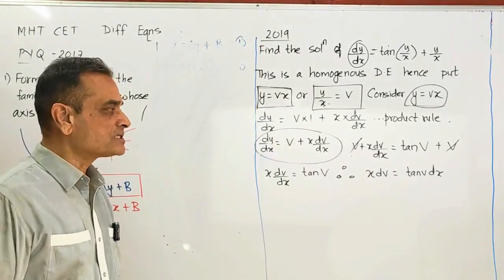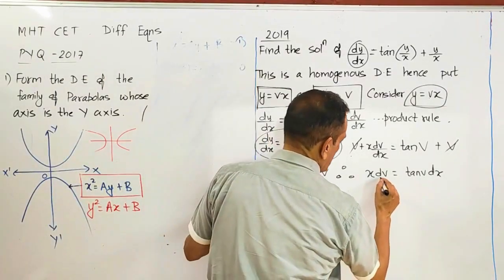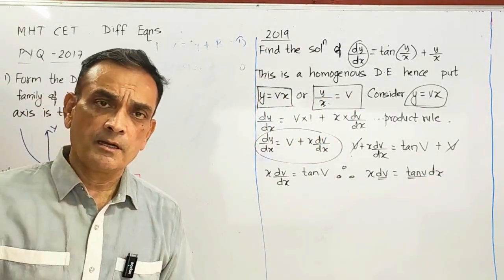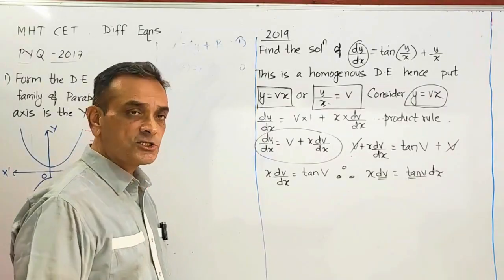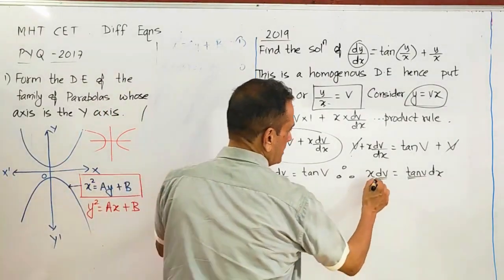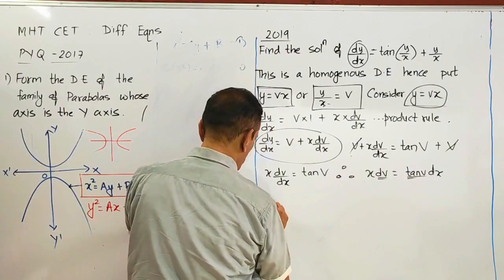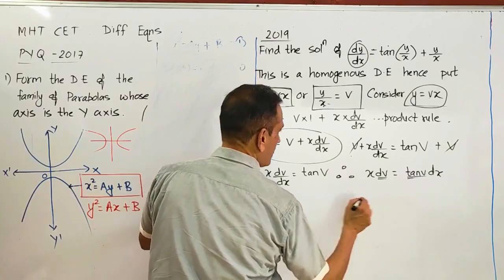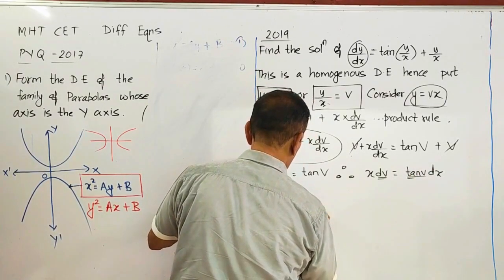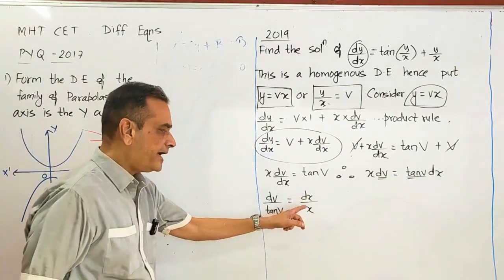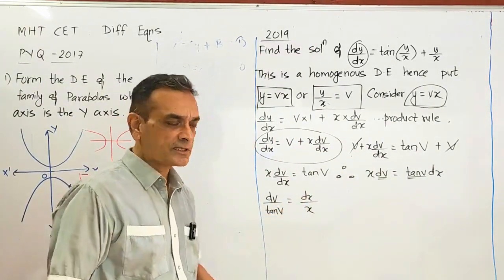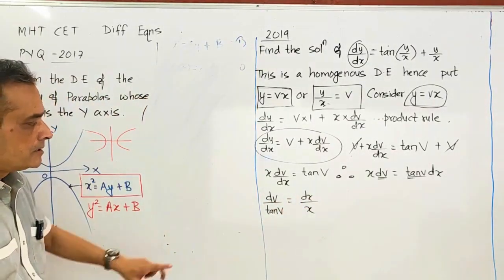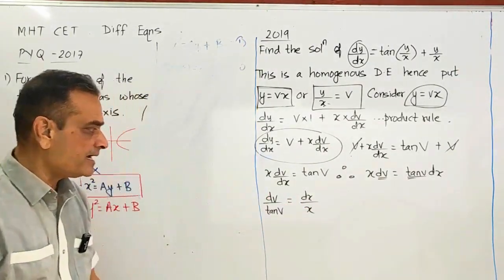But before integrating both sides, with dv we need v terms, with dx we need x. So dv upon tan v, dx upon x. x can be in the denominator, numerator, anything is possible. But dv and dx both should be in the numerator compulsorily. So dv with tan v, dx with x.